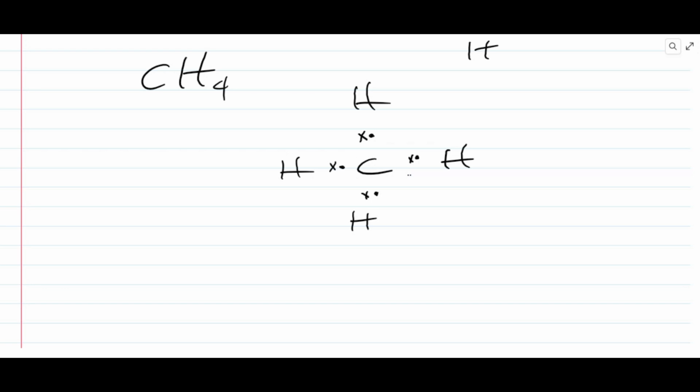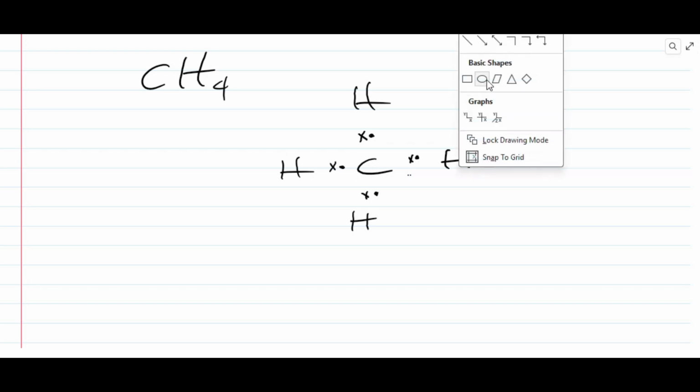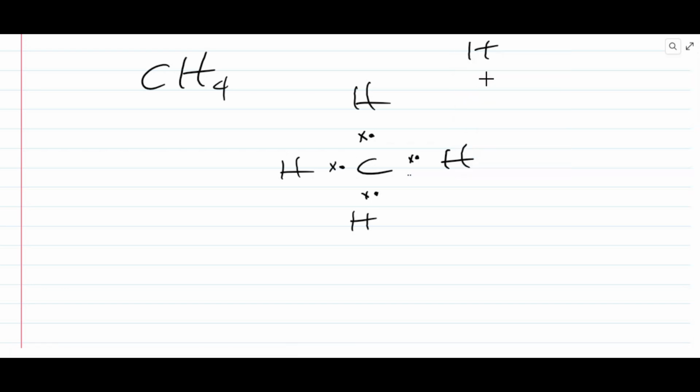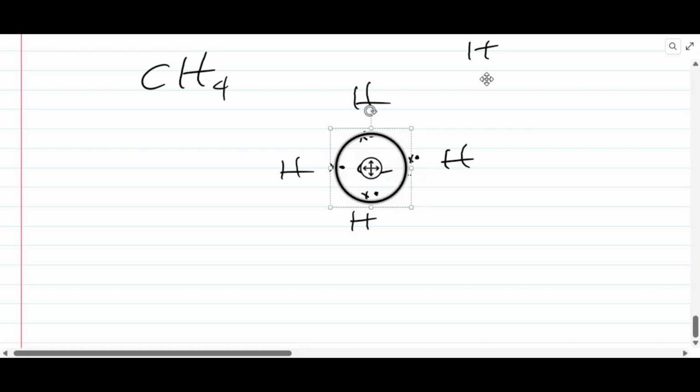Now the next is to convert this one to shell, the last shell. Let's convert carbon to the last shell. So we can make this one a shell like this, where we have the electrons on this shell. Don't mind the shape of my shell. I want it to go with this electron that I have here already.